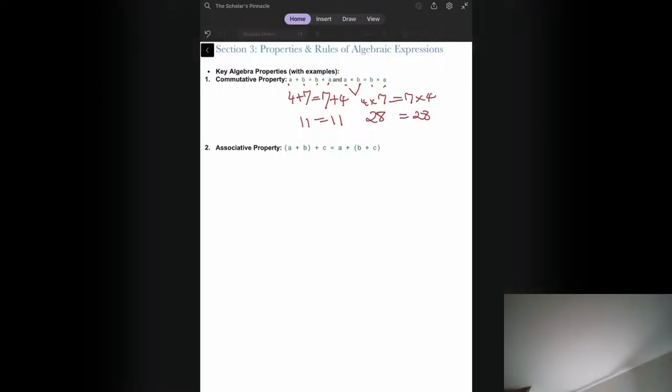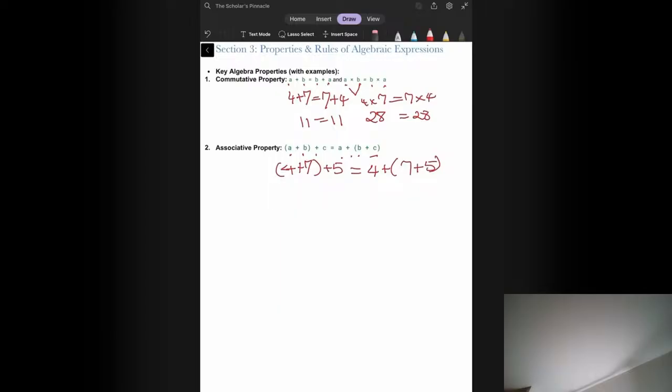Property number 2, associative property. (A plus B) plus C is equal to A plus (B plus C). Let's keep our 4 and 7 from above. (4 plus 7) plus 5 is equal to 4 plus (7 plus 5).